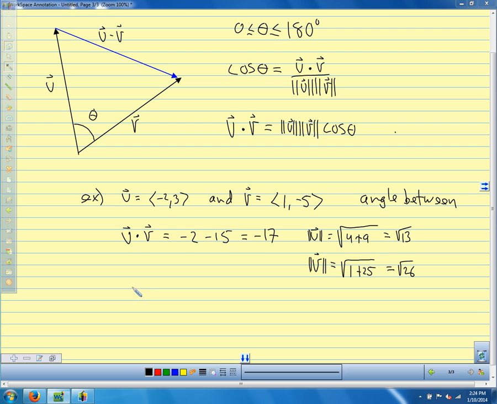So the cosine of the angle between the two vectors is negative 17 over square root of 13 times the square root of 26. So the angle is the inverse cosine of this number.